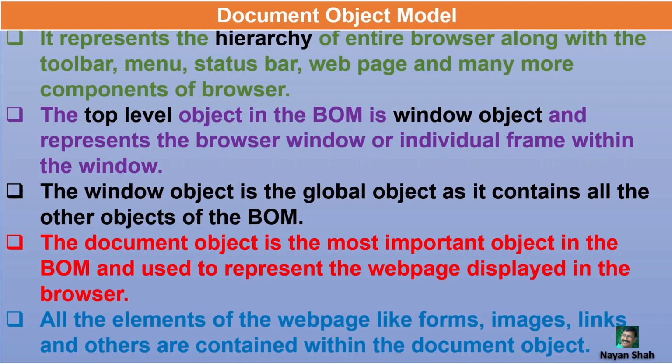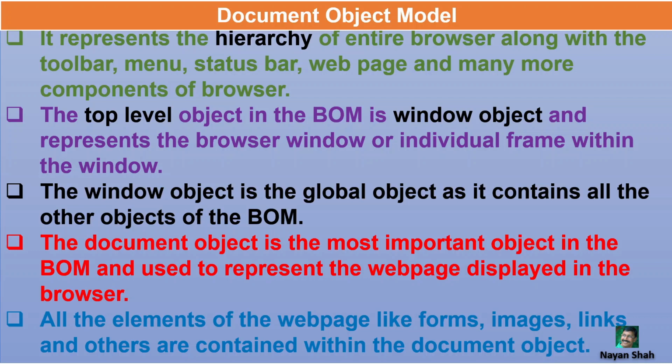The top level object in the browser object model is always the window object. As I said, whenever any program is open, we say a window is open. To represent the browser window or an individual frame within the window, we use the top level object of the browser object model. The window object is the global object as it contains all the other objects of the browser object model.